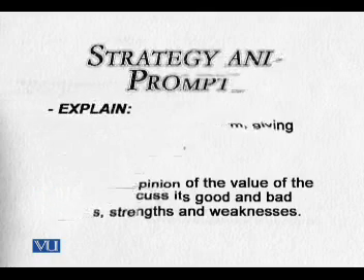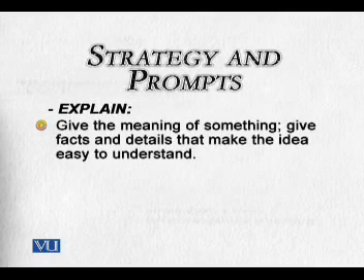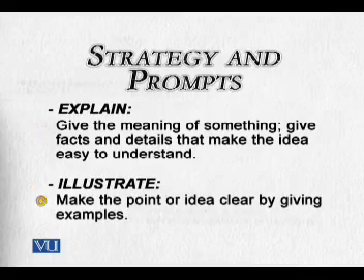Going further, we have explain. Explain means give the meaning of something, give facts and details that make the idea easy to understand. Illustrate. Make the point or idea clear by giving examples. Illustration means, when you make an argument and you explain your argument with the help of some examples, some personal experiences.